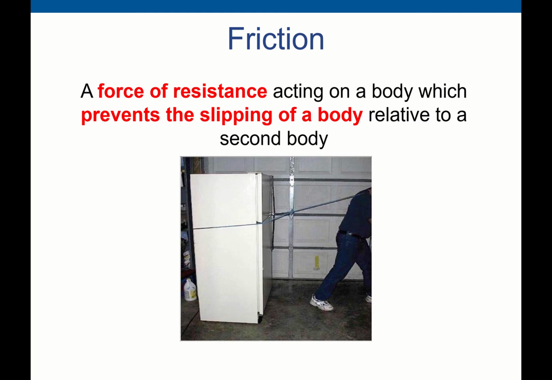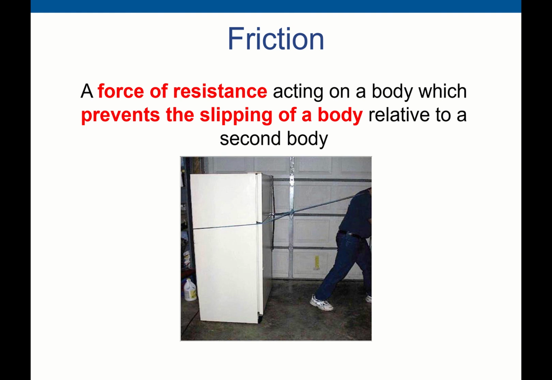Have you ever pulled a refrigerator using a rope, or pushed a refrigerator with your hands? It's really hard to move because the refrigerator has a lot of weight, right? It's very heavy.